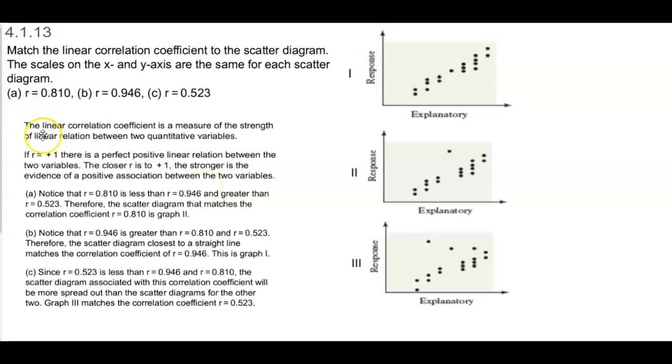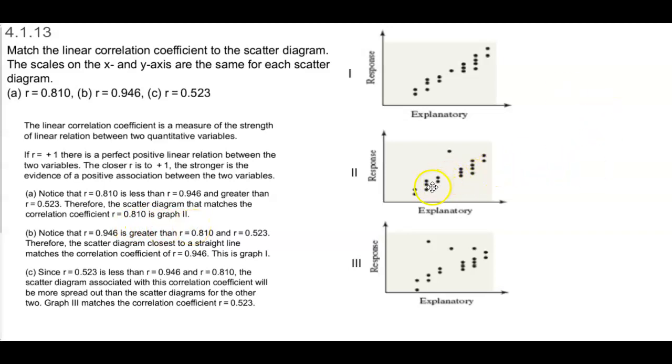Now for part A, notice that the correlation coefficient R is equal to 0.810. It is less than R equal to 0.946, and greater than R equal to 0.523. Therefore, the scatter diagram that matches the correlation coefficient R equal to 0.810 is graph 2.